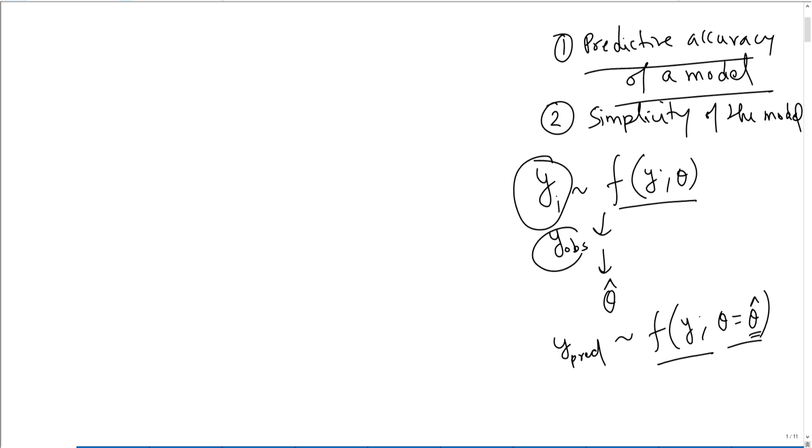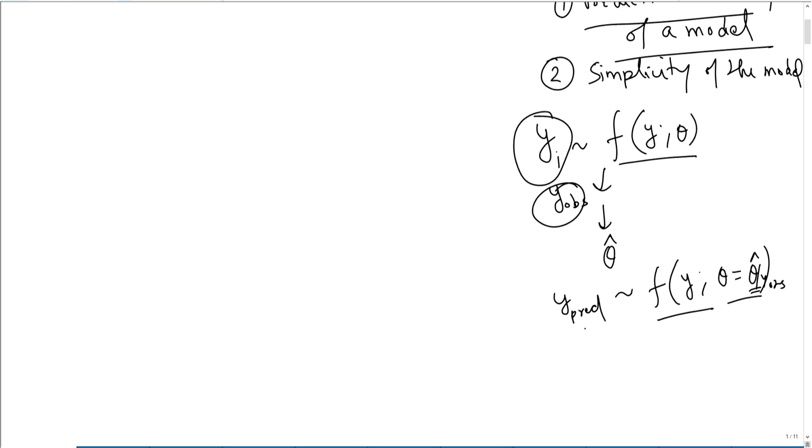So, this data y obs. So, this is conditional on y obs actually. Now we generate some data based on this estimate of the parameter theta hat. Now, you compare y pred and y obs. If they totally align with each other, then people claim that this is a good fit. If this does not align, then they will say that this is a bad fit. Okay. So, this is one of the approaches.